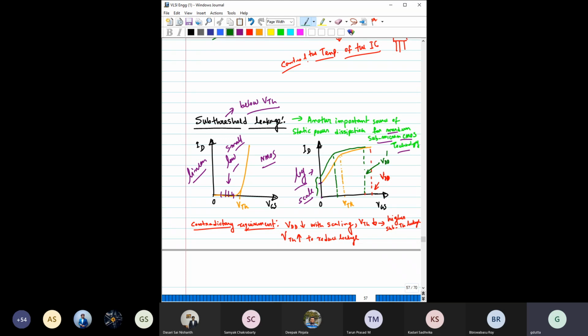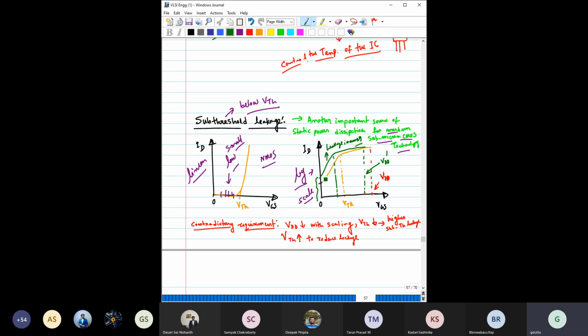But see what is happening to the leakage current. If you are not able to reduce this slope, that means this would be in parallel with that, then your leakage increases, right? Leakage increases.